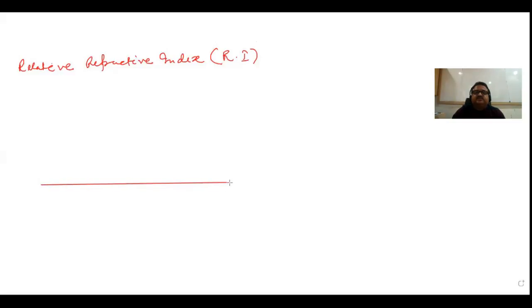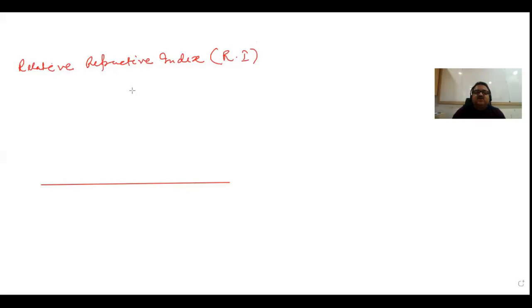So listen to it very carefully. Relative refractive index, which we write like this, R.I. Correct? Now, think about an example. Say, for example, light is moving from medium 1 to medium 2. Correct? Take this example. Okay.